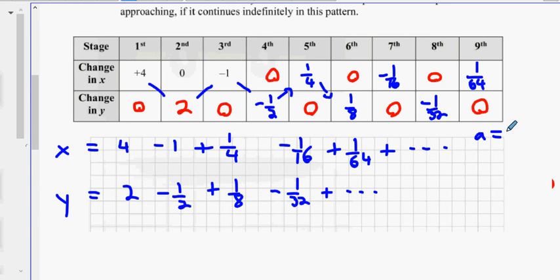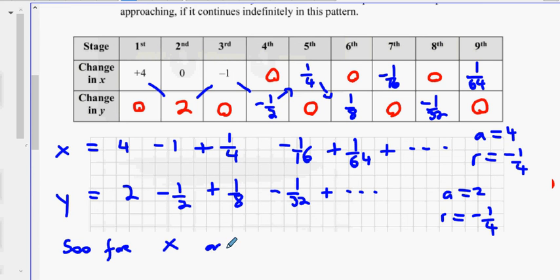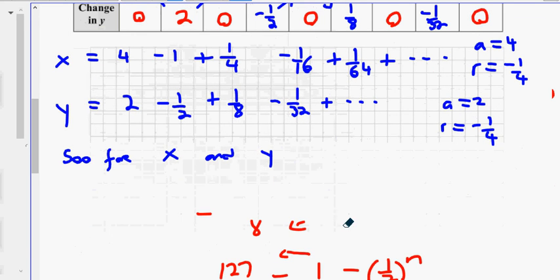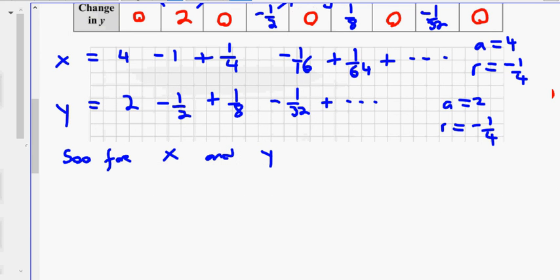Now for x we have an a value of 4 and an r value of minus a quarter. For y we have an a value of 2 and an r value once again of minus a quarter. So we're going to find S infinity for both x and y to see how much they move from their original point. S infinity is going to be a over 1 minus r.